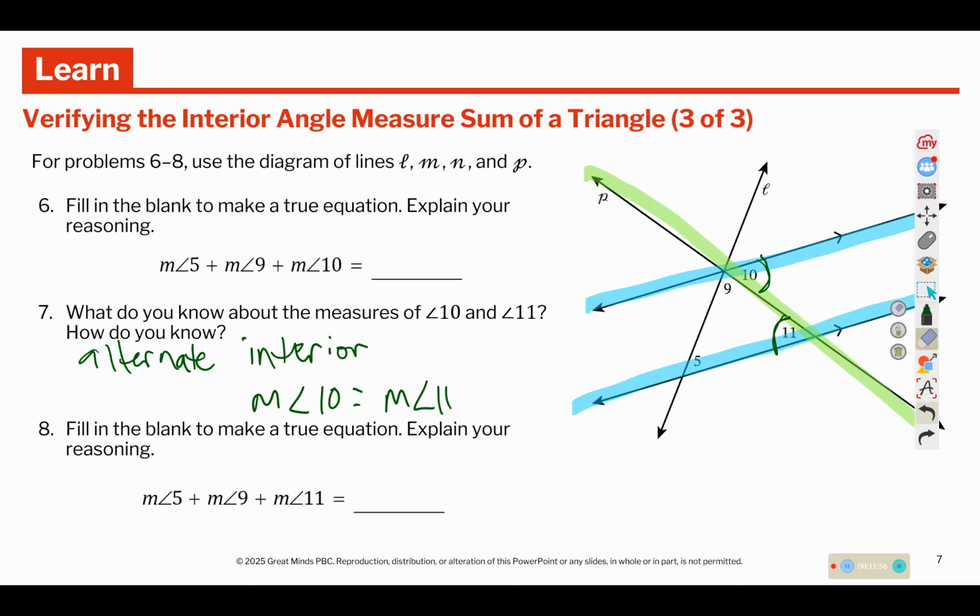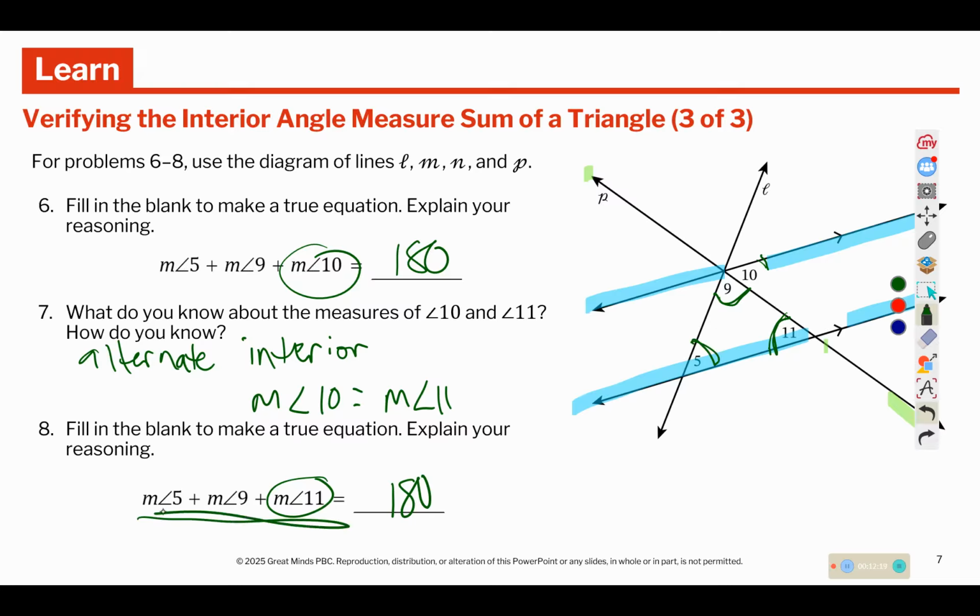Explain your reasoning. Well, if 10 and 11 are the same, and this was 180, and I've replaced something that's the same, these must also equal 180, which is the angles in a triangle. 9, 5, and 11 are all inside of the triangle, so the triangle must add up to 180 degrees also.